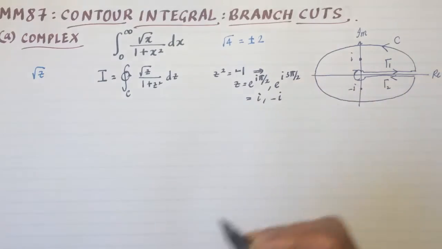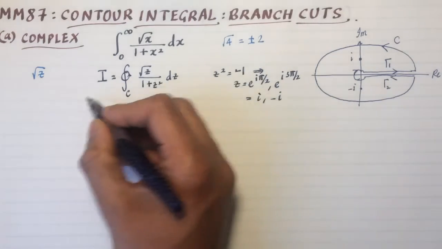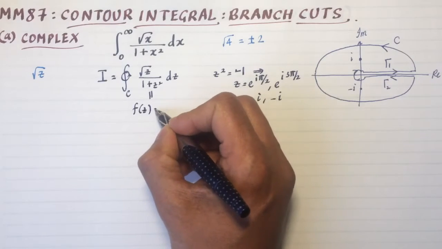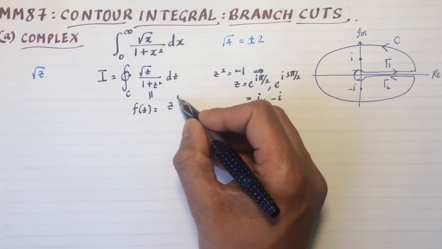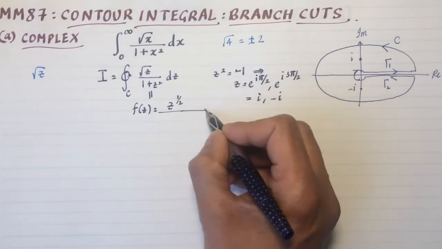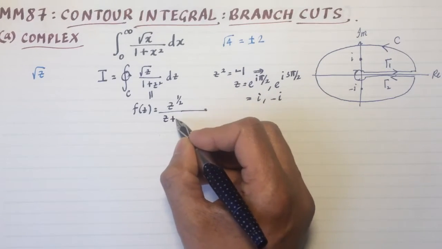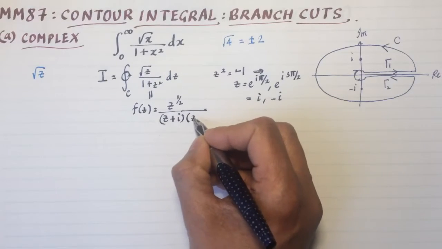So those are the two simple poles. So this function, which I'm going to write as f of z, is just z to the power half divided by the factorization of this. So I get z plus i times z minus i.